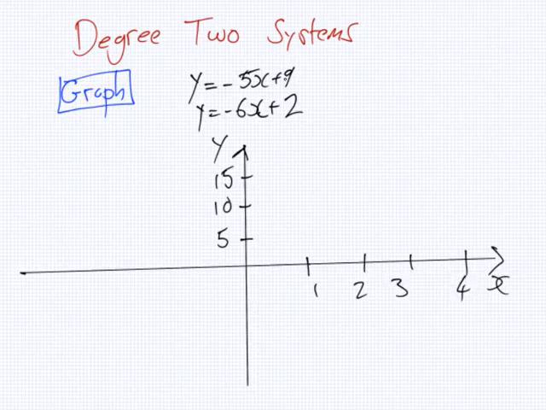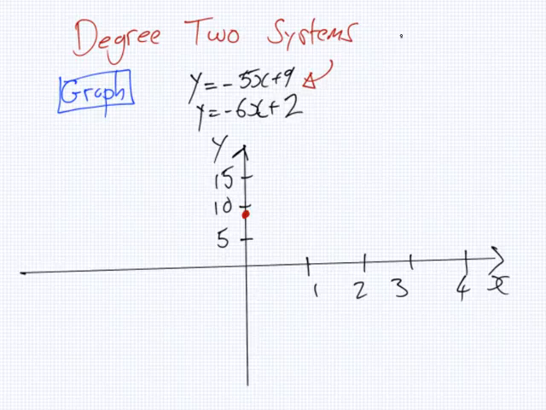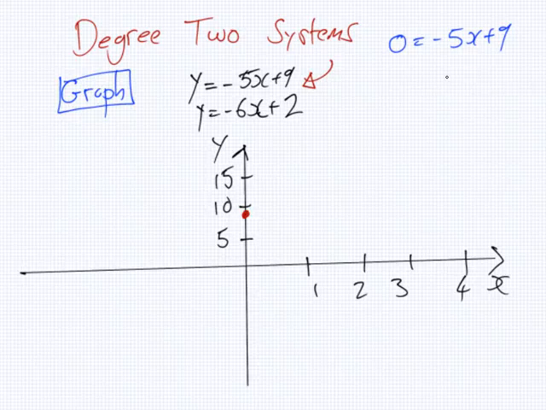So the first line's y-intercept is here at 9. And can anybody see what the root is? You'll have to solve it. It's 0 equals minus 5x plus 9. So what does x equal? 9 over 5, isn't it? So that's 1.8. So that will be about here.